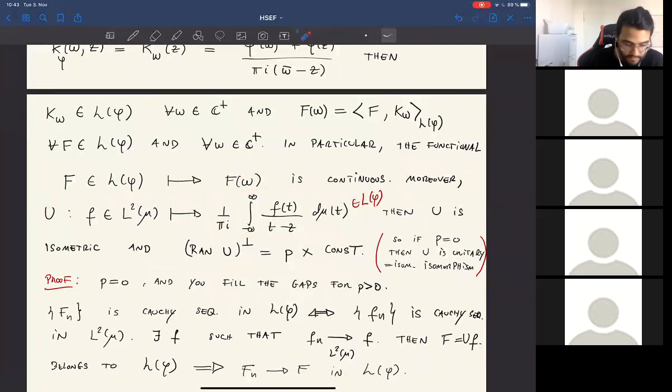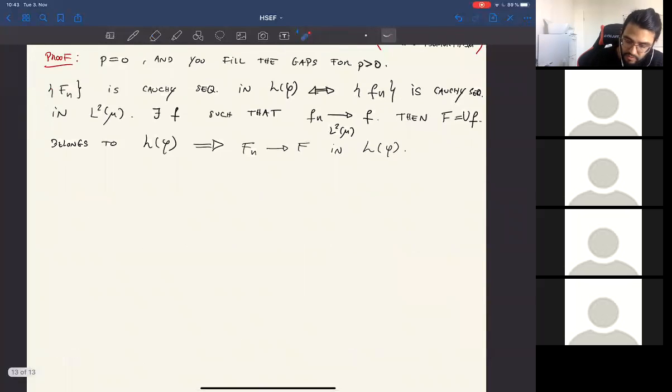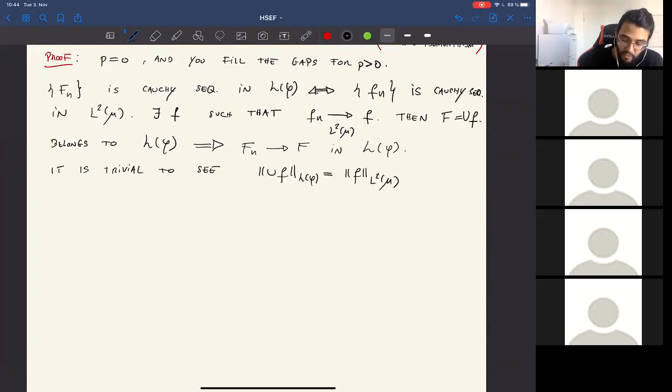It has the same norm. It is trivial to see that the norm of Uf in L phi equals the norm of f in L2 of mu. So therefore it preserves the norm.